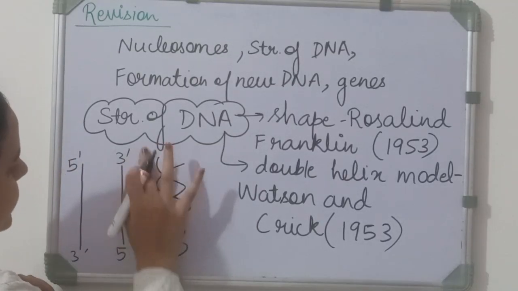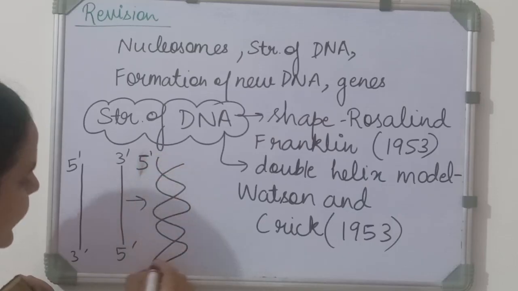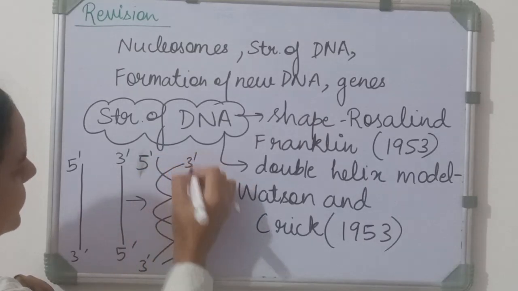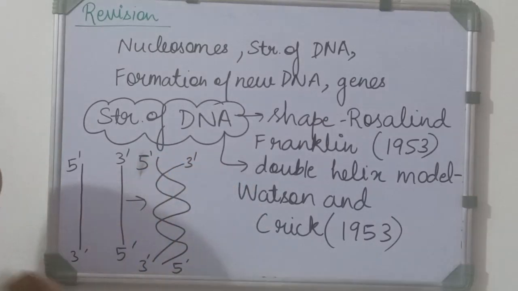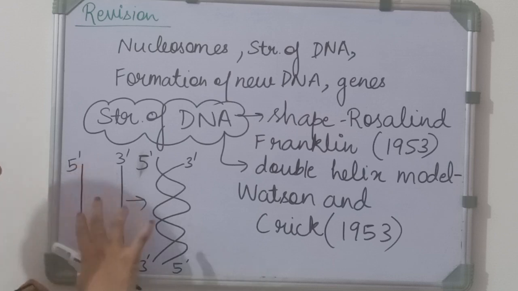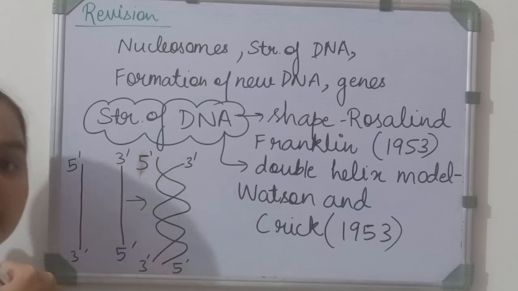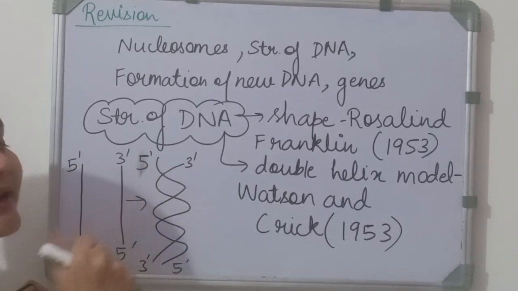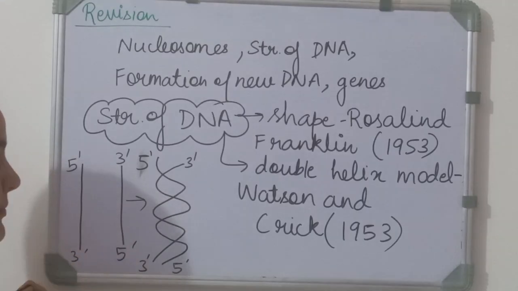So, you may note this. Structure of DNA consists of 2 complementary strands which are bound around each other in double helix form. Okay, this is the first point.